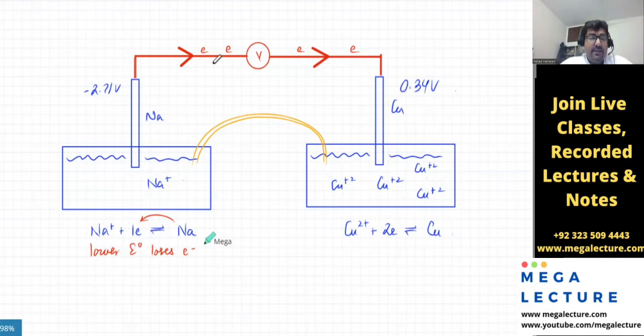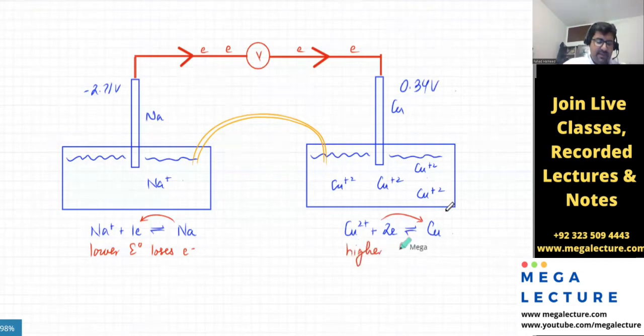If the electrons are coming from the other side, the amount of electrons over here increases. If the amount of electrons increases, then the equilibrium would shift in the forward direction. So you can either link it with the Le Chatelier principle, or you can just remember the rule, which is that the higher E0 gains electrons.